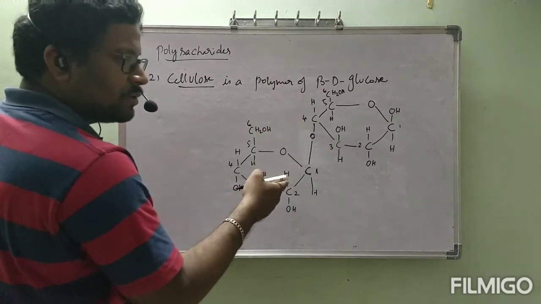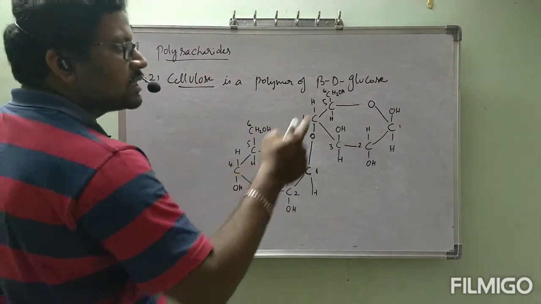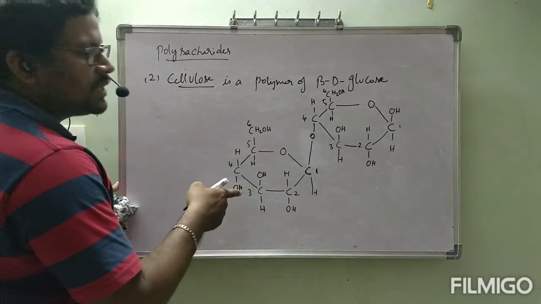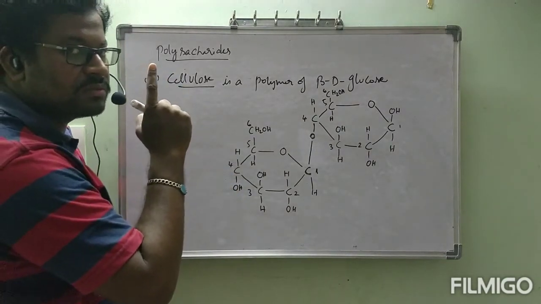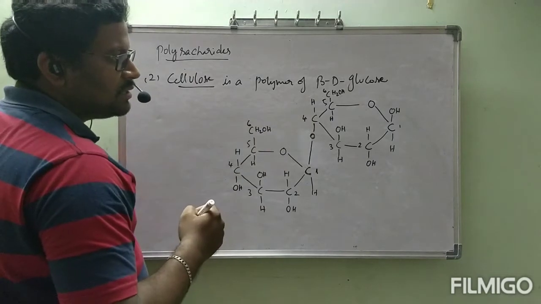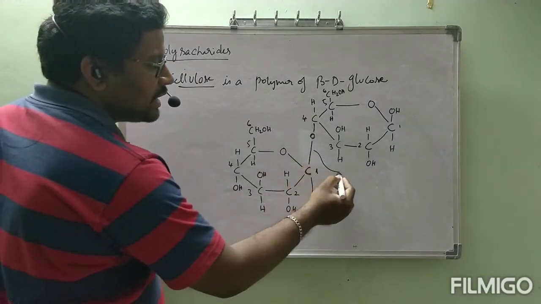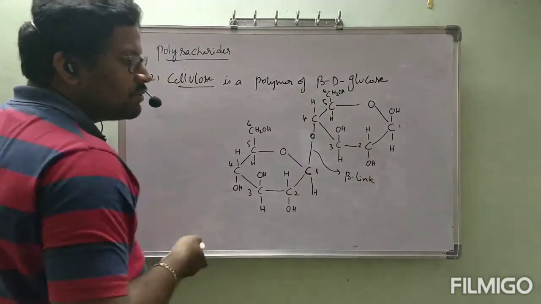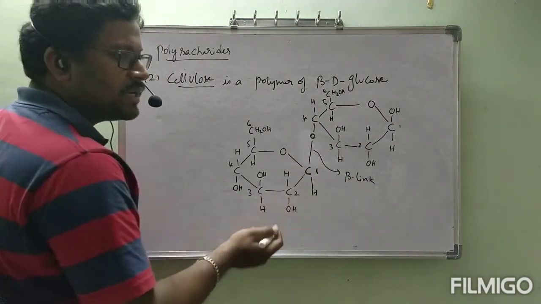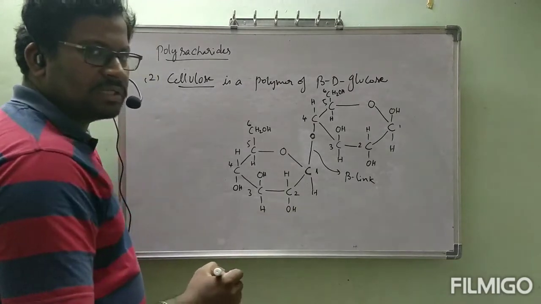Between C4 and C1 only, but the difference is this is beta glucose, this is also beta glucose. Till now we have seen alpha glucose molecules. Now we are seeing beta-D glucose, and this linkage is also called the beta link. Why? Because these are all beta glucose molecules. That's why this is called beta link or glycosidic linkage.